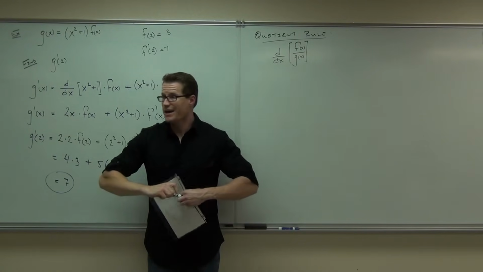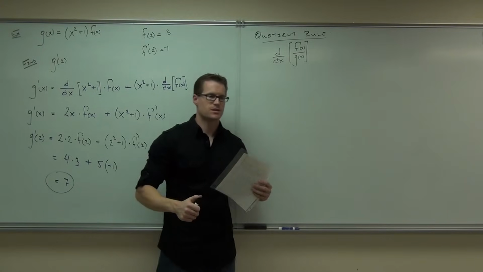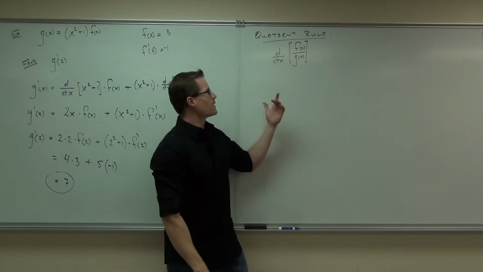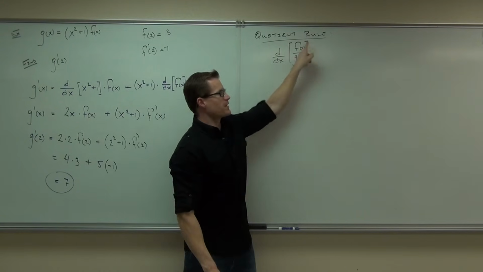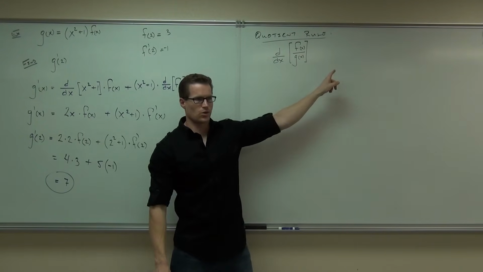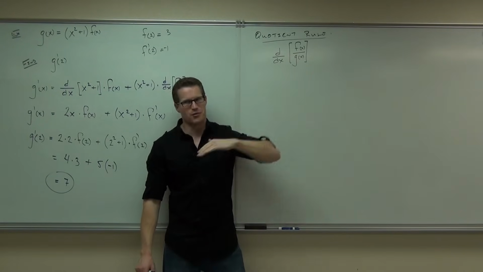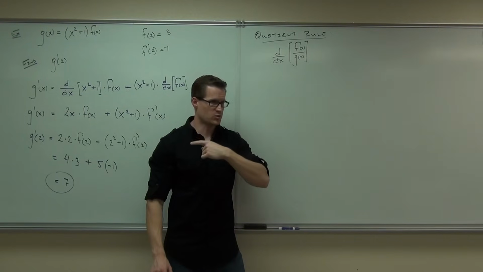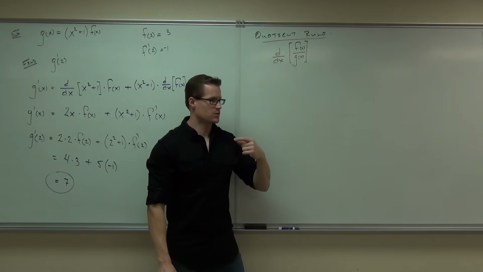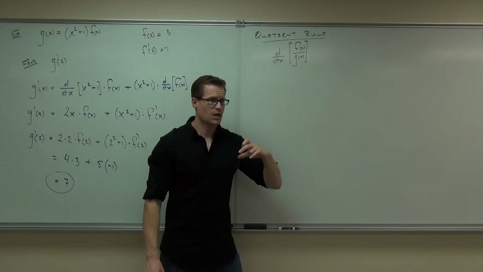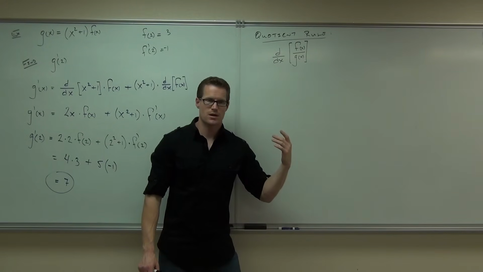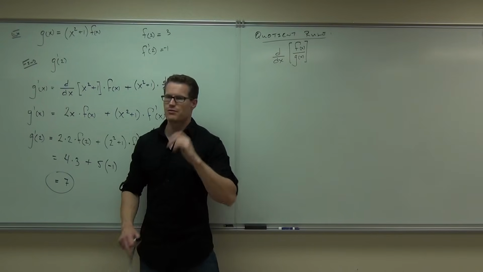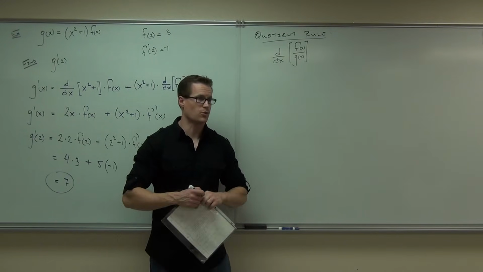Something in terms of x over something in terms of x. That's what this question is asking. And the idea is, well, can I just take the derivative of f and divide by the derivative of g? Do you think that's going to work? No, that never works. We can't separate derivatives by multiplication unless you use the product rule. We can't separate derivatives by division unless you use the quotient rule. Are you with me on that? You can't just take a derivative of the top and the bottom. That's never going to work for you. I'll give you a very simple example about how that's never going to work.